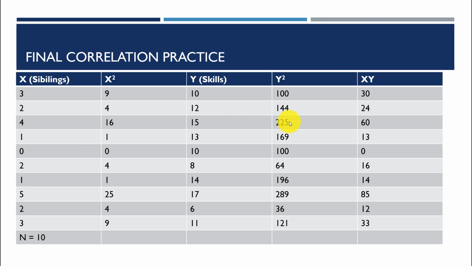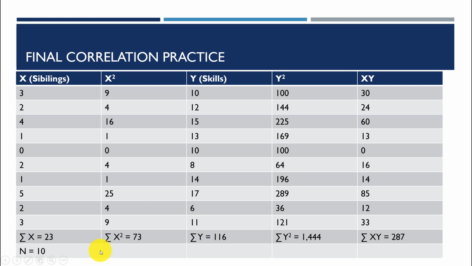If you've arranged your columns and data points to look like this, you're probably off to a good start. The next step is going to give us the sigma totals. There they are. At the bottom of our first column, sigma x is 23. Second column, sigma x squared is 73.